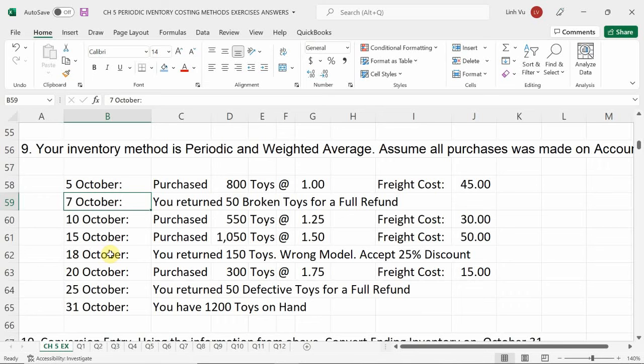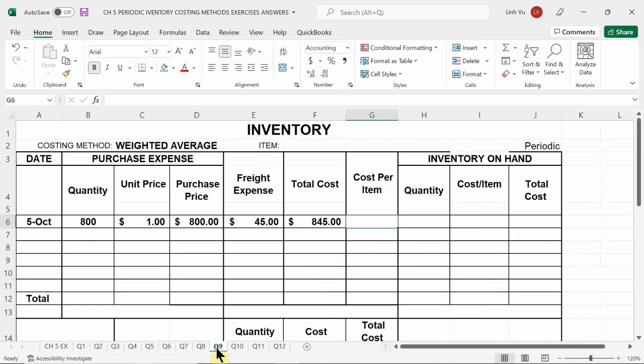So this is more for practice purposes only. If you want to, you can solve for the cost per item. Is it necessary? Absolutely not. That's just added work for you. But let's just do it for this one scenario. What's my average cost per item here? 1.05625.